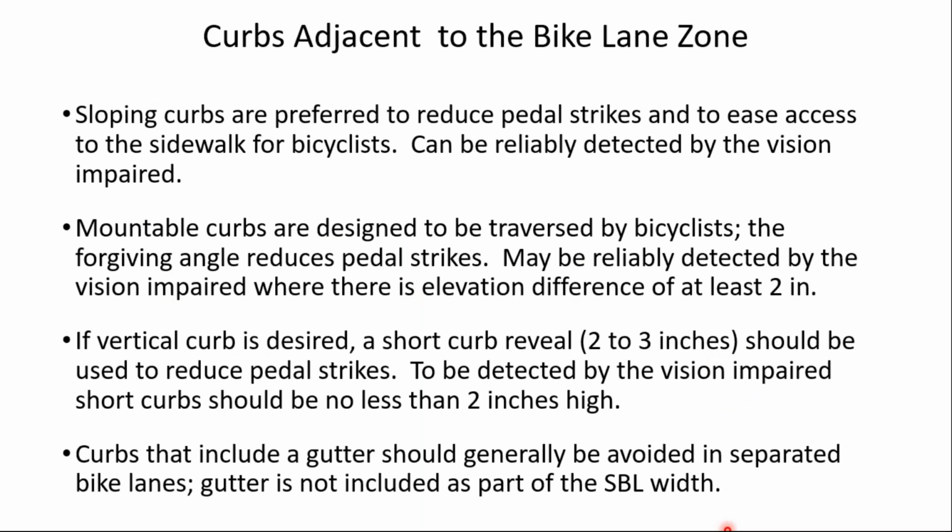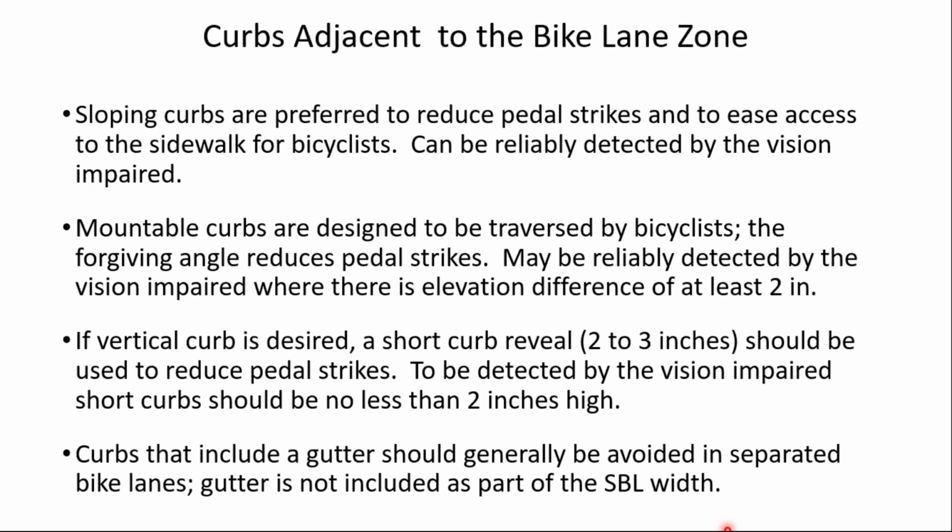Sloping curbs are probably preferred to reduce pedal strikes and to make it easier for the bicyclist to access the sidewalk. They can also be detected by the vision impaired who are using a cane, where you have the bike facility and the sidewalk at the same elevation side by side. There needs to be some ability for the visually impaired to detect or distinguish the bike facility from the sidewalk.